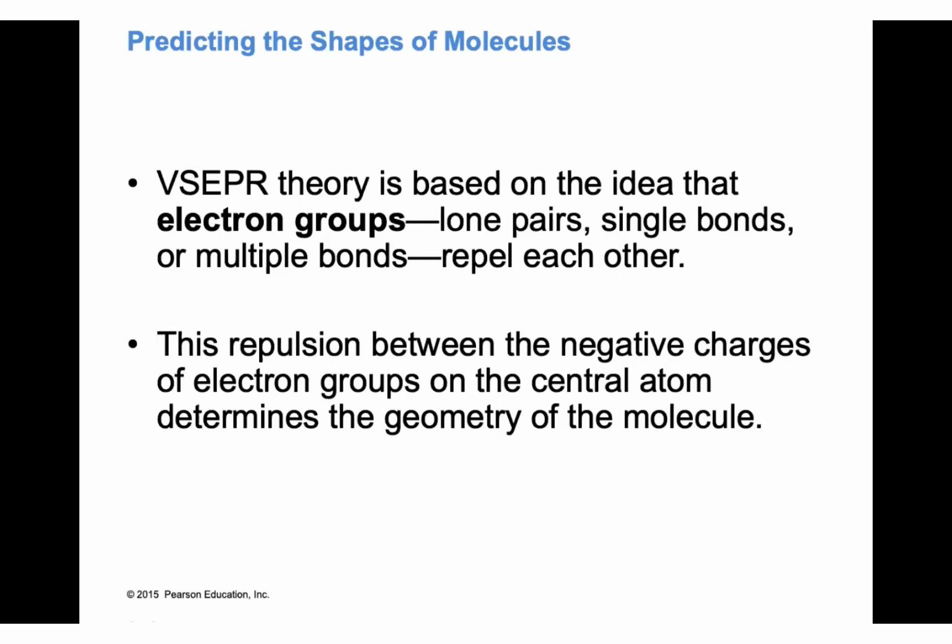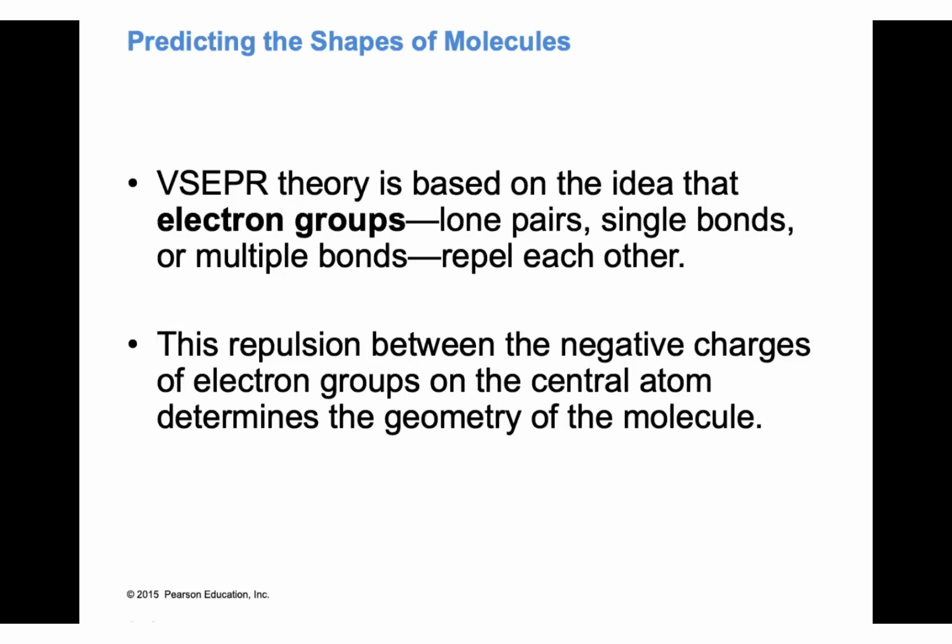This basically is what is around the central atom. We're talking about the electrons around the central atom. This repulsion between the negative charges of electron groups on the central atom determines the geometry of the molecule.